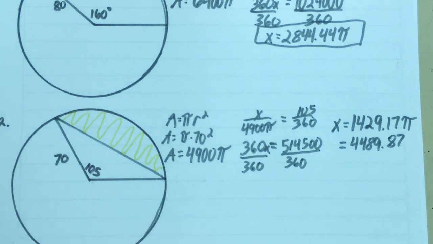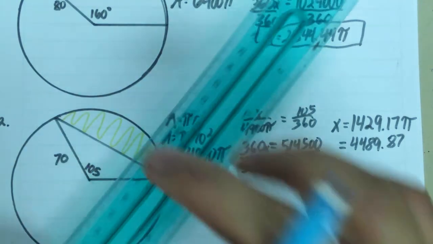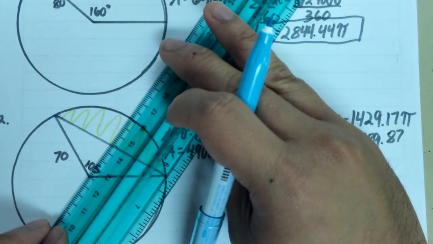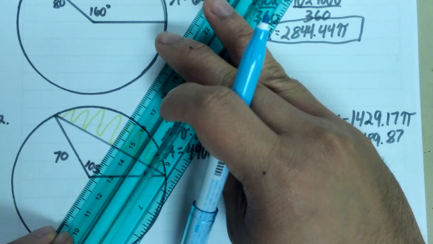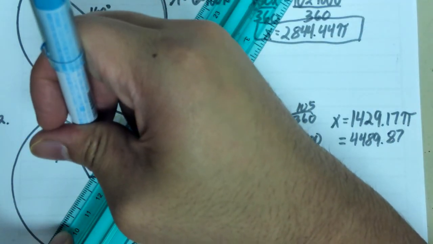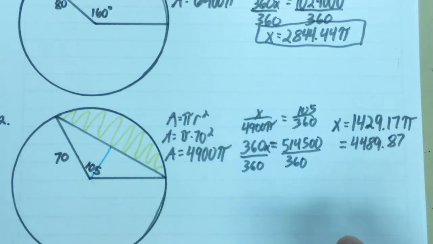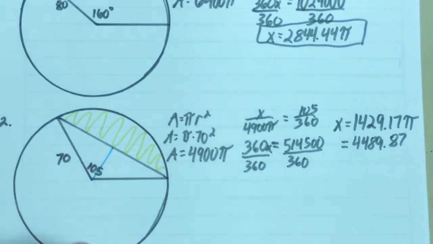So let's go ahead and find that triangle. To find that triangle, what we need to do is cut it in half and draw an altitude.